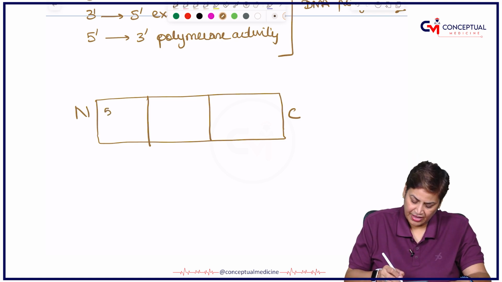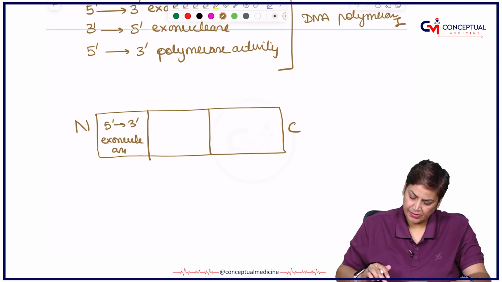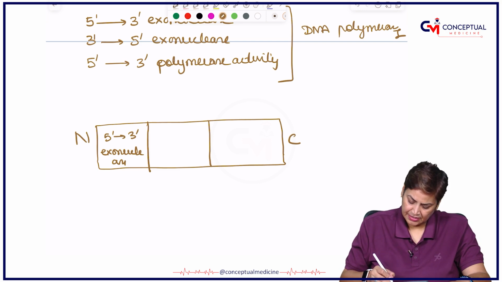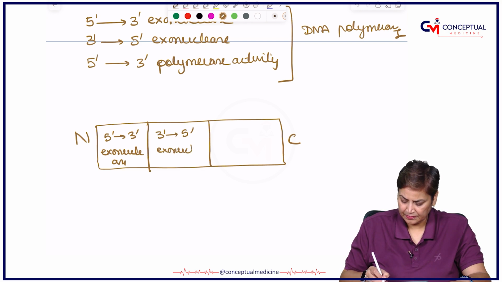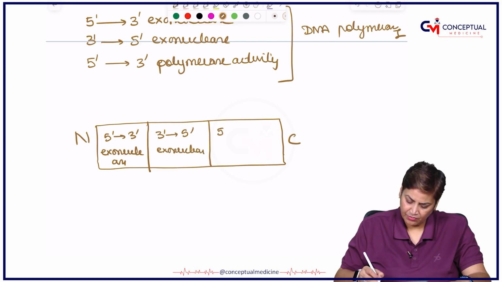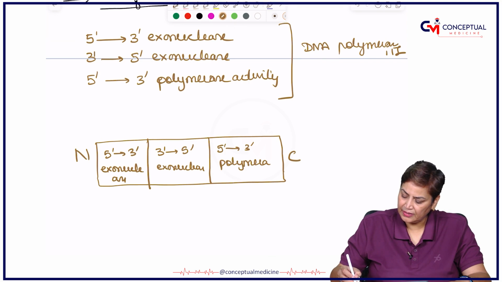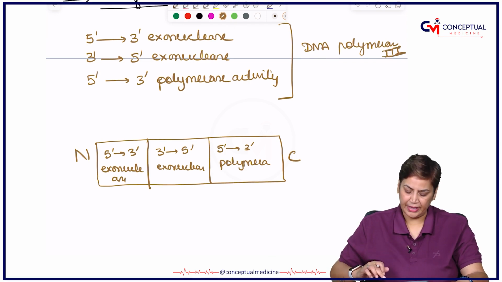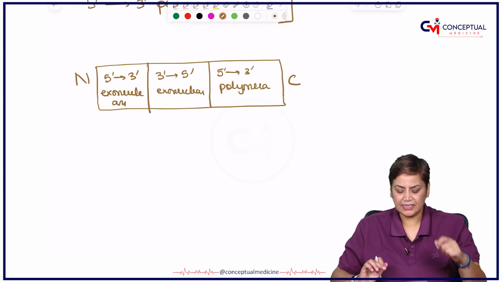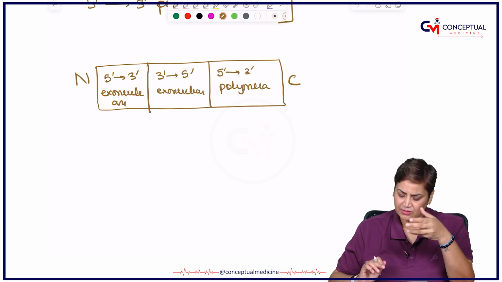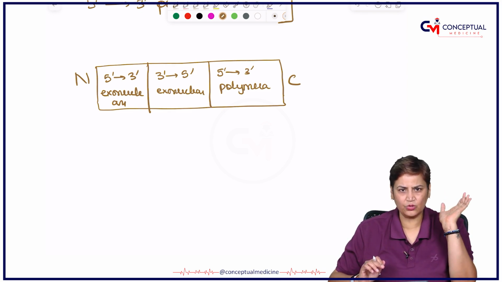One is 5' to 3' exonuclease, this is 3' to 5' exonuclease, and this is 5' to 3' polymerase. This is the structure of DNA polymerase 1. Okay, so now, 5' to 3' is obvious from the direction it is going to cut.